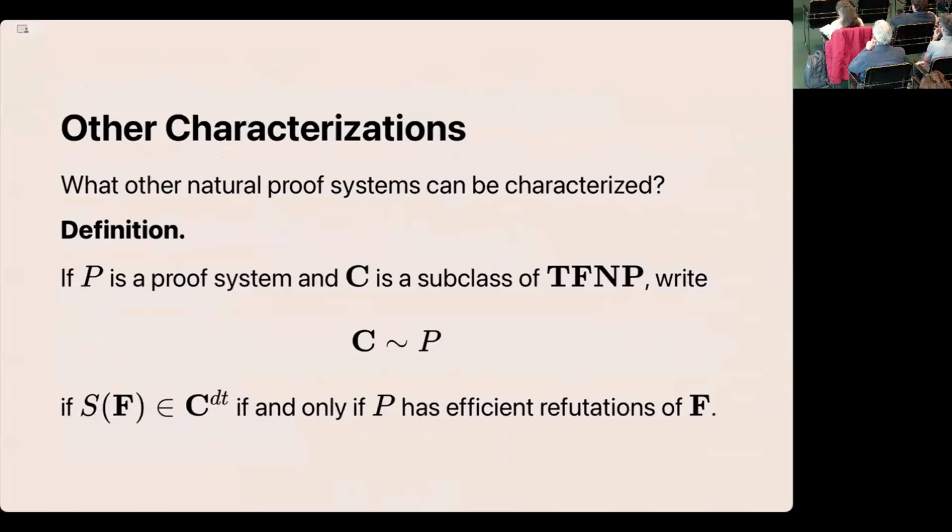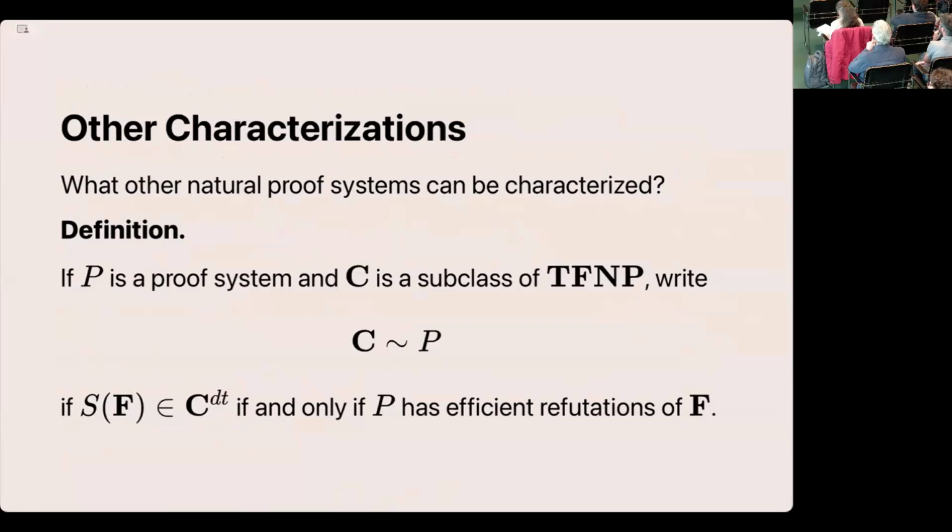And I'll move on to the next question, which I think really comes out naturally from this: if resolution corresponds to a TFNP class, and both of these are very natural objects, resolution proofs and PLS, what other proof systems can we characterize in this way? Okay. I'm going to introduce a little bit of notation.